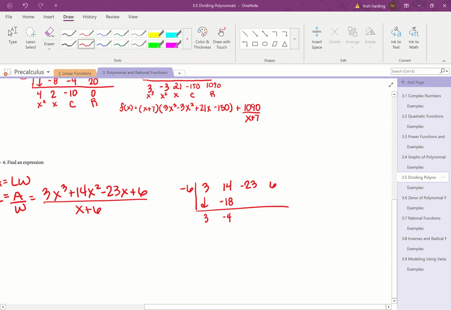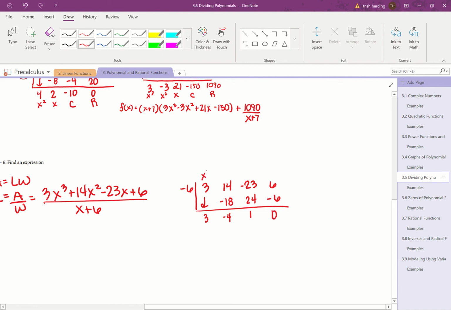Right? Pretty sure. And then 6 times 4 is 24. Positive 24 since they're both negative. And this will add to 1. And then we have negative 6 is 0.